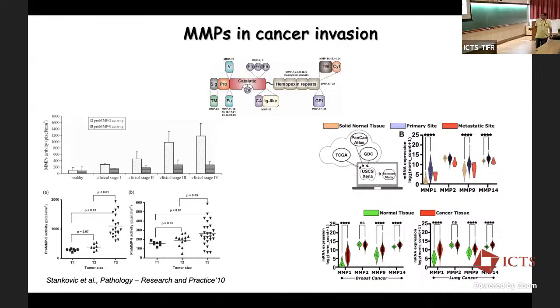So what you see is MMP2 expression does not change. Its role is more constitutive, and increasing literature shows that there is a subpopulation of MMPs which reside inside the nucleus.